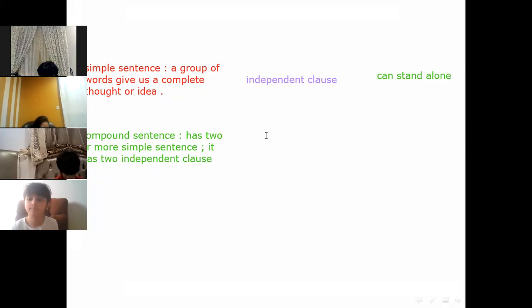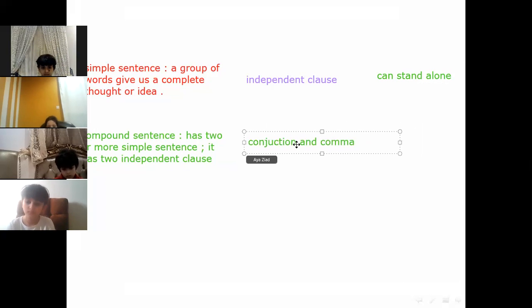And we have a conjunction in it. We have a conjunction and a comma. Okay, we can join the two simple sentences with a comma.